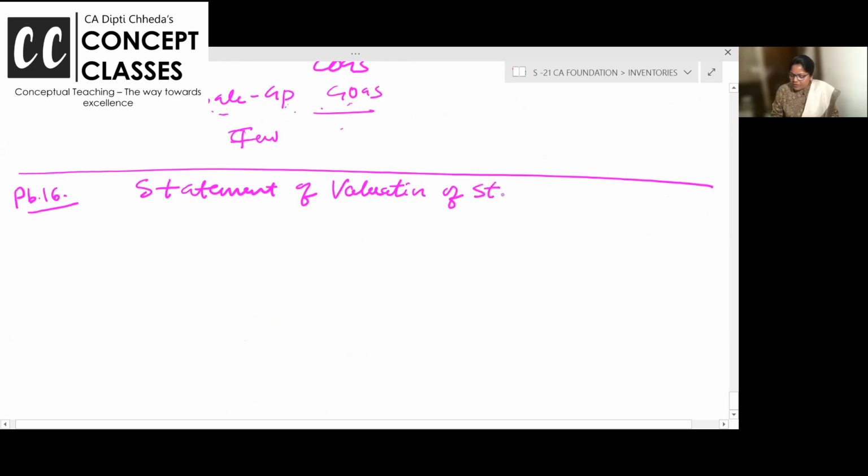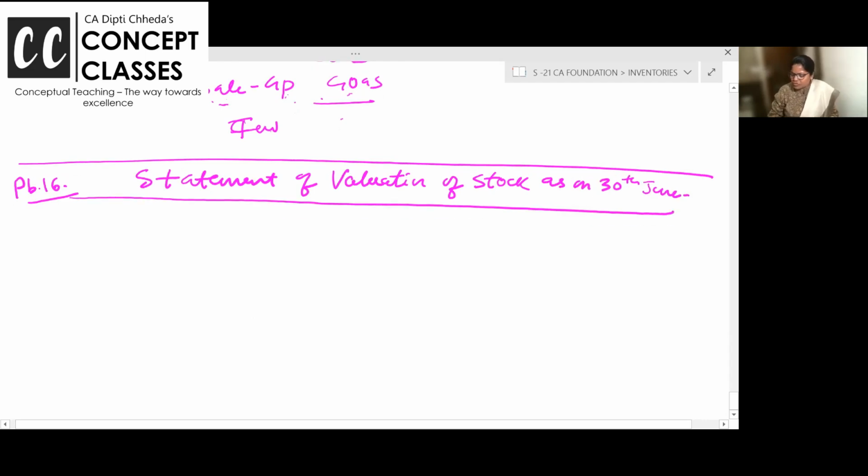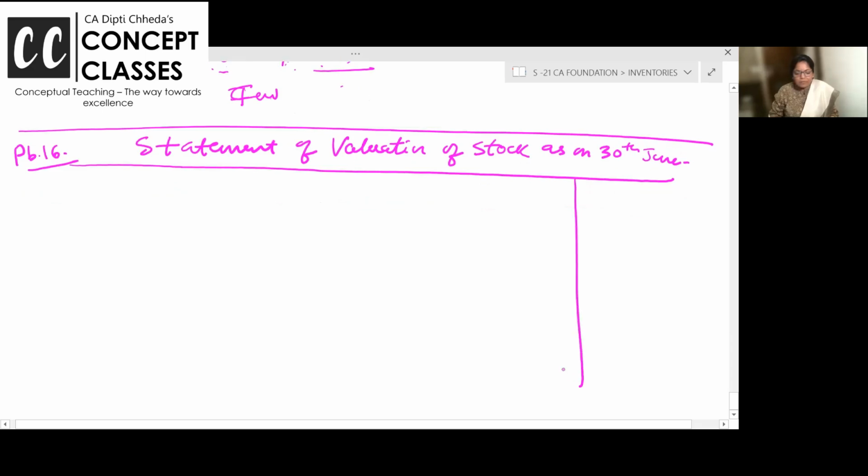Statement of valuation of stock as on 30th of June. ठीक है? Particulars and amount.